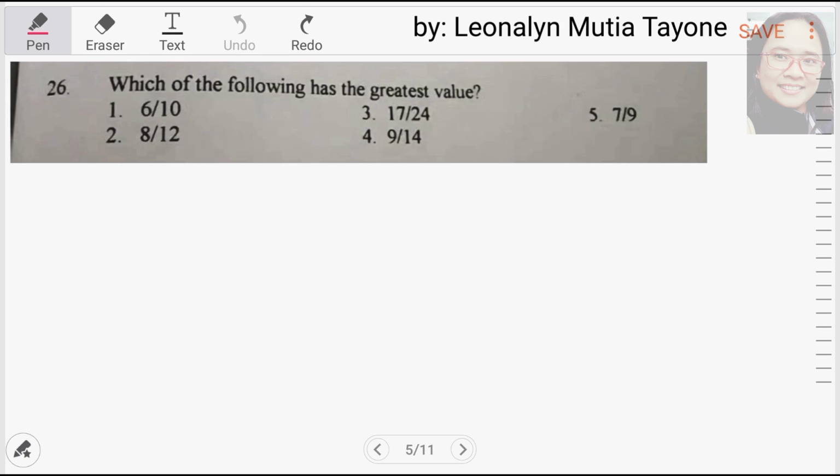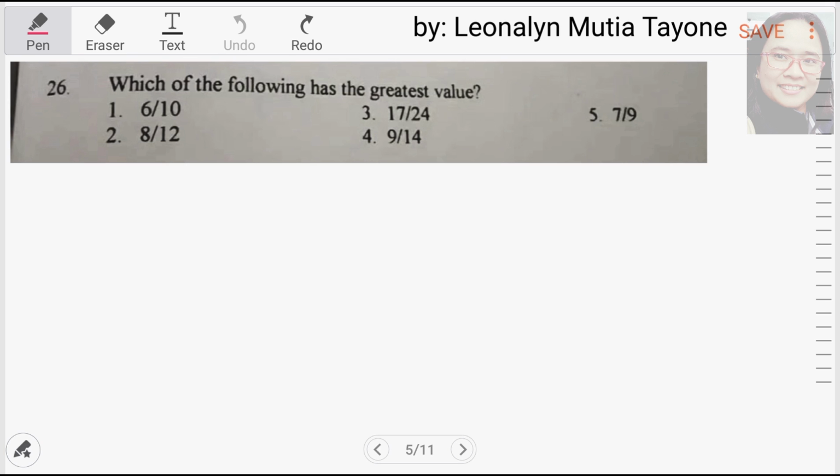Next, which of the following has the greatest value? Kapag mga fraction, mas madali siyang hanapan ng kung alin yan ang greatest value kung madali ring hanapin yung least common denominator. Pero based dito, hindi siya madaling hanapan ng least common denominator or yung mga numerators niya na ipariho natin lahat. The best thing to do is convert natin into decimal yan lahat.